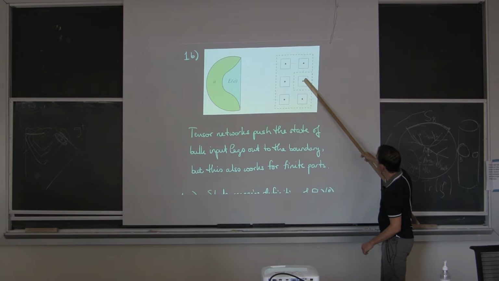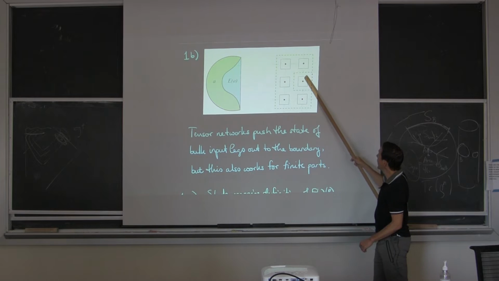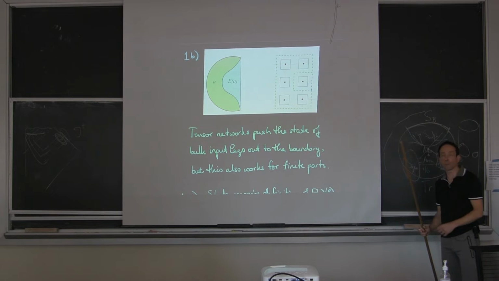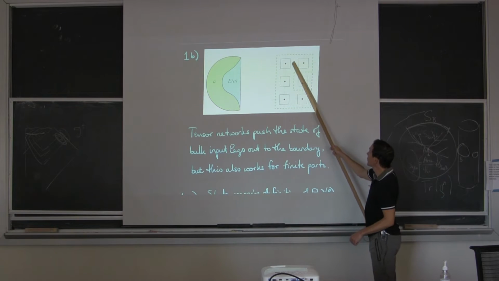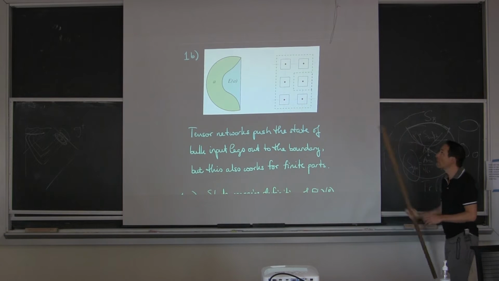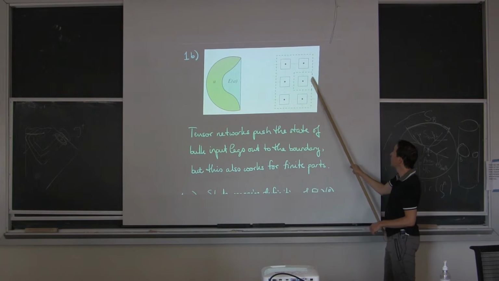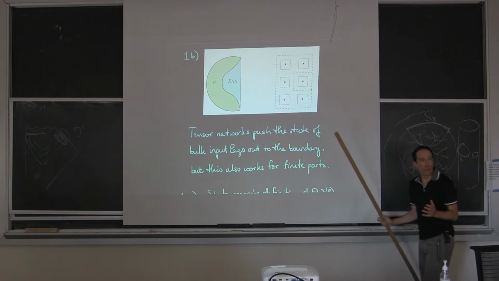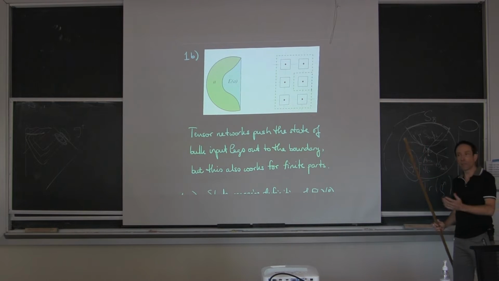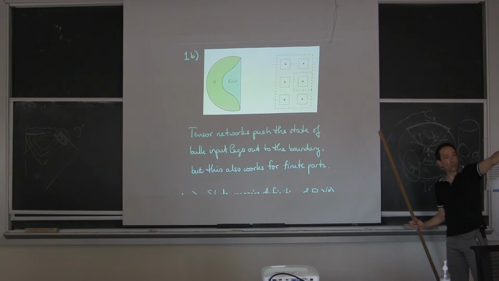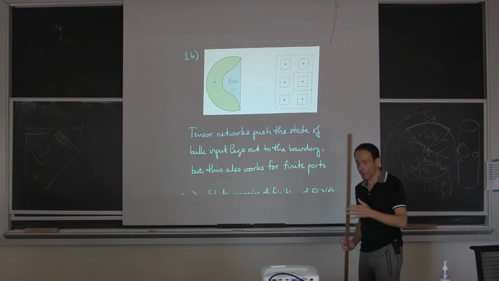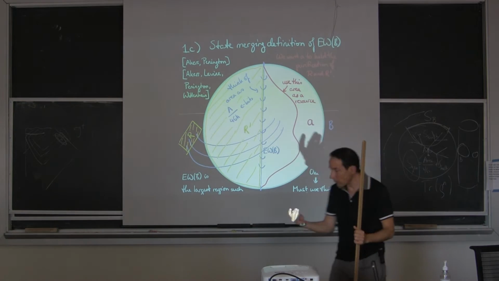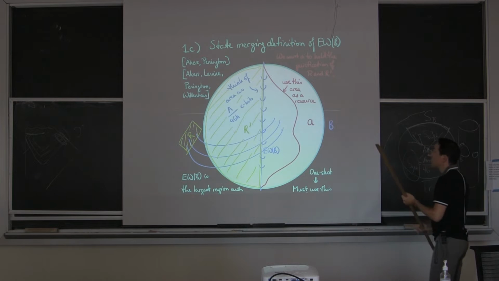Then I can take a bulk state that comes in here as well as whatever comes through here and define an isometry, in other words, a map that takes orthogonal states to orthogonal quantum states, in which this state now lands over here. Think of these legs as the output legs and this dot and this leg as the input leg. It's not really important that the tensor network keeps going over here. It's something that's locally true in a tensor network. You don't have to go all the way to its edge. You can push quantum states through it. So that suggests that we could do this for bulk regions if this analogy survives.